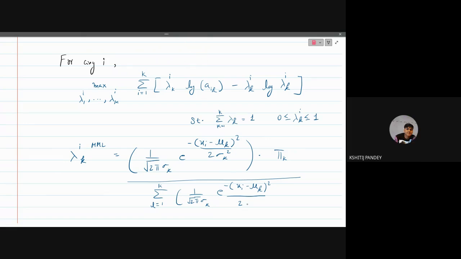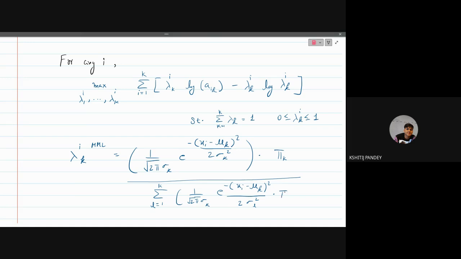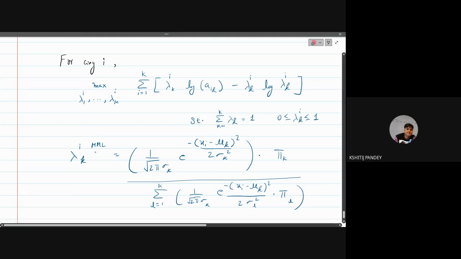And now divided by root of sigma square l, and this multiplied with again pi l. So this is the final value of lambda ki, and now let's look at its interpretation.